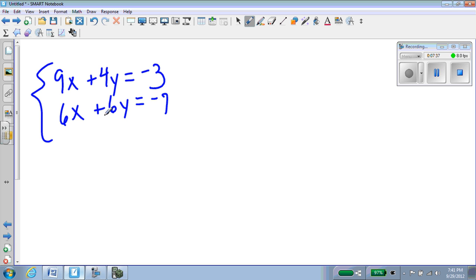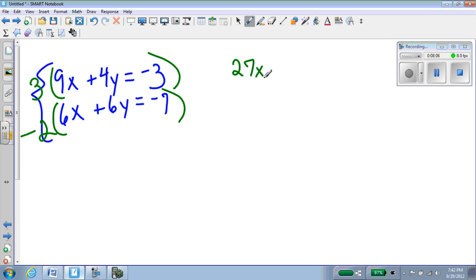I know something about numbers. So if I multiplied 4 by 3, it would be 12. And if I multiplied 6 by 2, it would be 12. So I'm going to multiply this top equation by 3 and this bottom equation by -2. So I'll get positive 12y and negative 12y, and then my y's will eliminate.